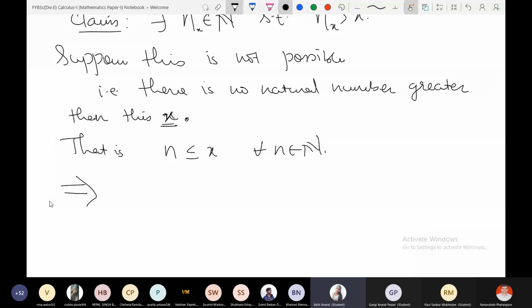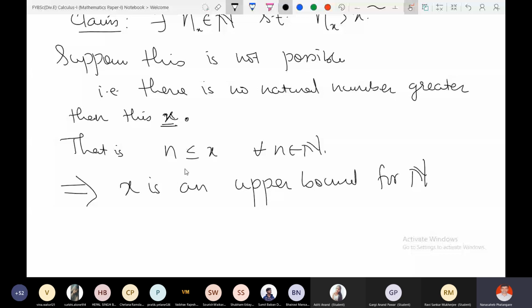An upper bound of N. Right. x is an upper bound for N, because all natural numbers are less than or equal to x, meaning this particular x is an upper bound of the natural numbers, right?